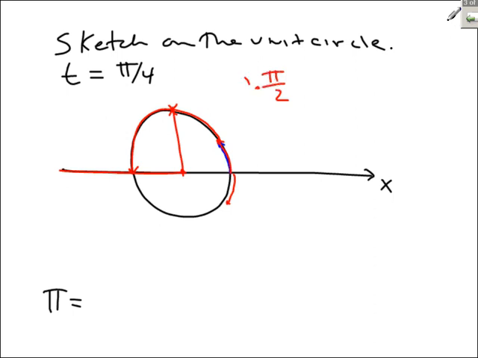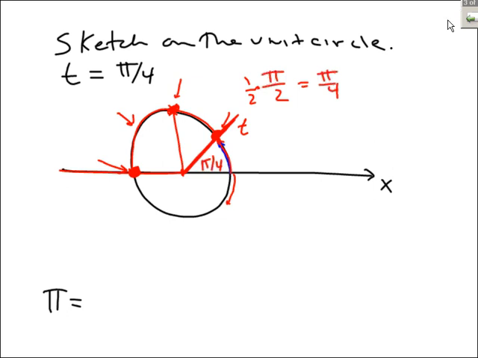Notice that if you take half of that, you get pi over 4, which is halfway. 180 was here, pi was here, pi over 2 is there, and a quarter pi is here. 1/4 pi, 2/4 pi, better known as half pi, 3/4 pi, 4/4 pi, which is pi. So the answer to the problem is this. Sketch t equals pi over 4.